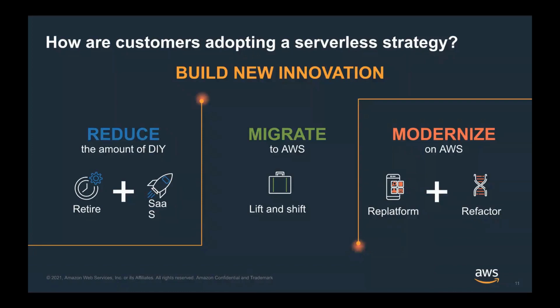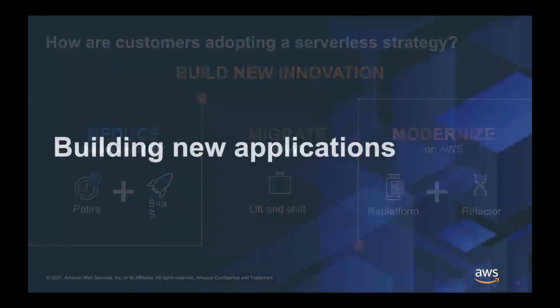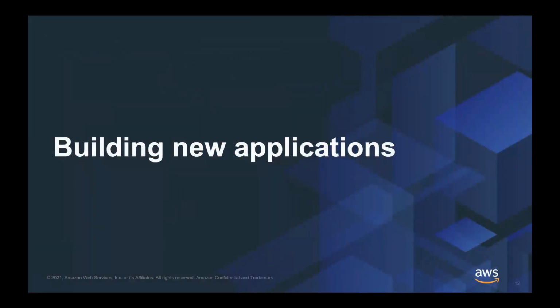So when we look at where customers are, legacy customers who have a lot of applications are either forced into the migration phase, and then once they have migrated, they are looking at modernizing their existing applications. But then you also have new application builds, new customers, greenfield customers who are ditching everything historic and going straight to serverless.